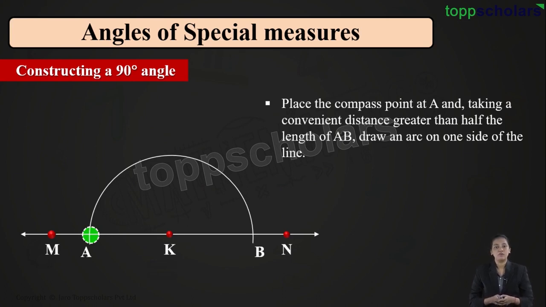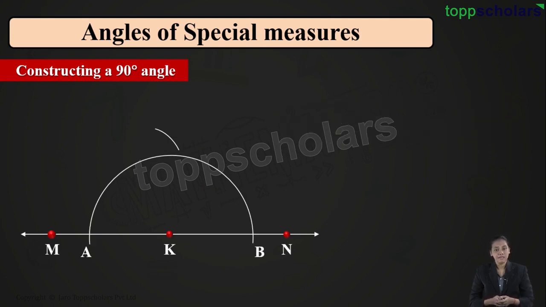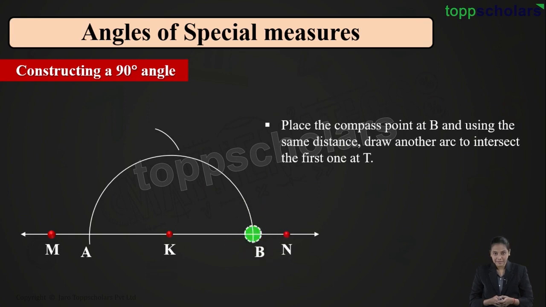So we have to take the compass and, with the convenient distance, draw an arc like this. Then the next step is keeping the compass at point B and again drawing an arc like this. Okay, and we will name that intersecting point as T. What will be the next step, students?